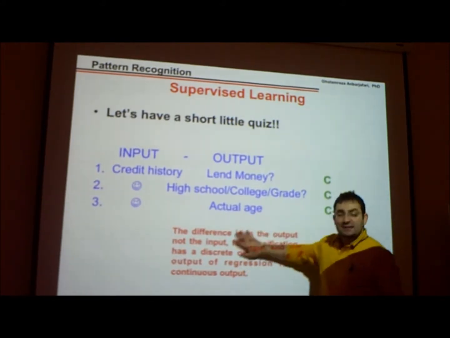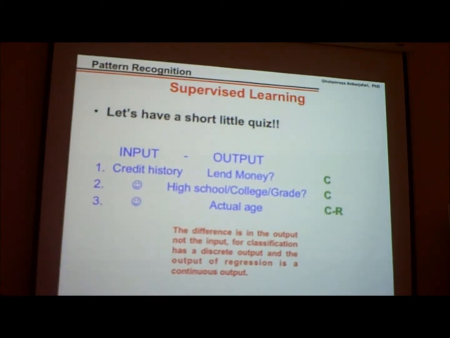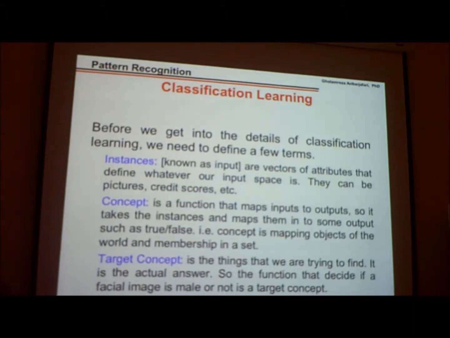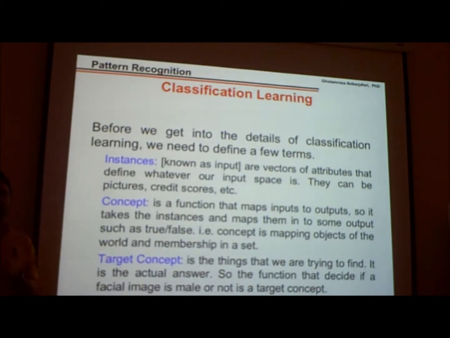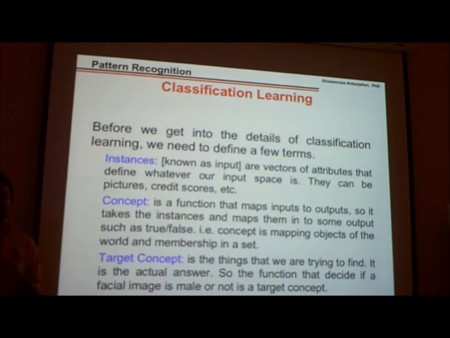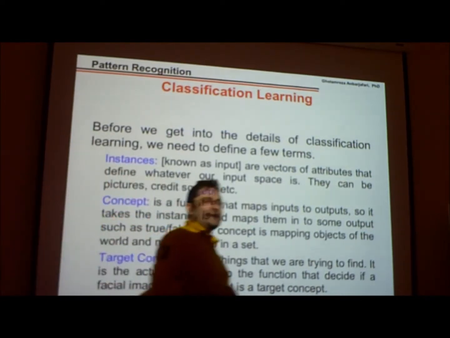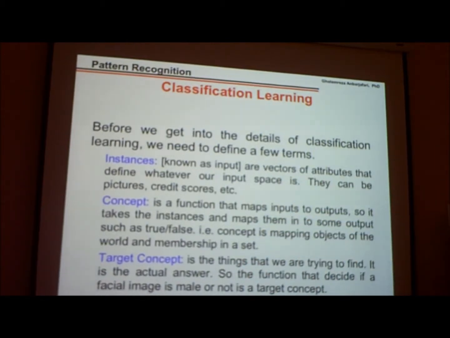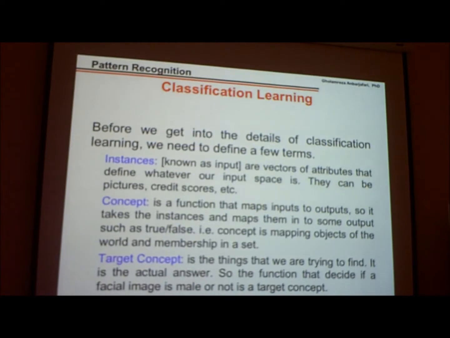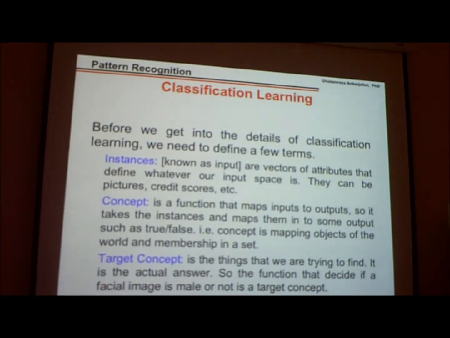So, what I said is that in order to find out classification or regression, we have to look at the output. Now, before we proceed, there are 7 definitions, and we have to go through them because we use these terms, so you need to understand. The first thing we need to know is instance or input. What is the definition of an input? Don't read from there.